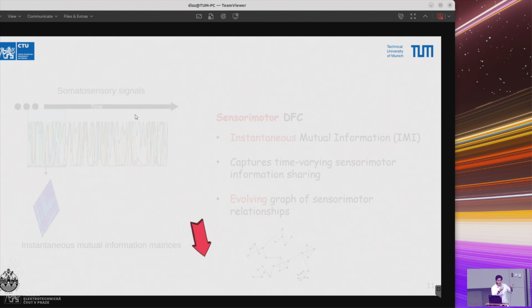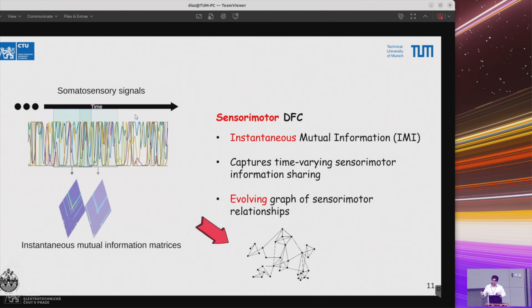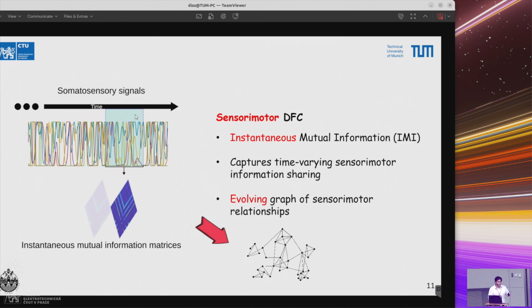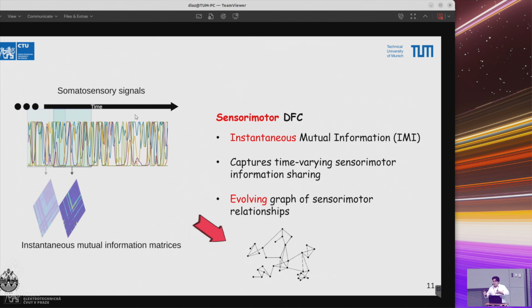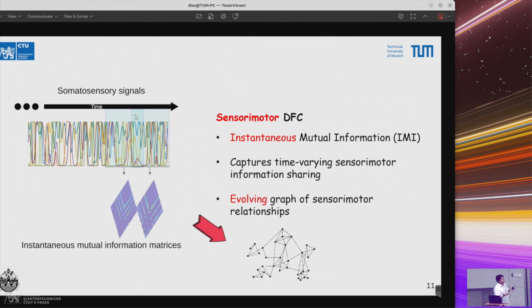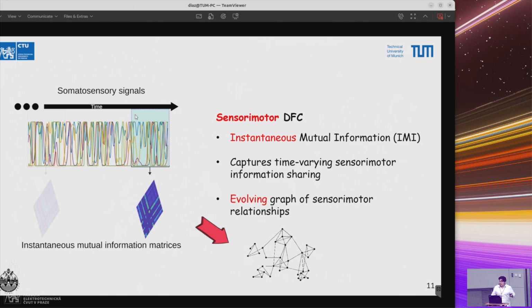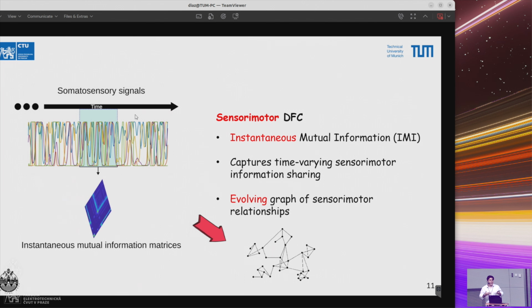Now, if in addition we do this with a shifting window, we can argue that we are computing an instantaneous mutual information, and in a sense, we're also capturing the time-varying information sharing state of the sensorimotor system, which, as is illustrated here, you can interpret as a matrix reflecting a graph, a sensorimotor graph expressing these relationships within the sensorimotor system.